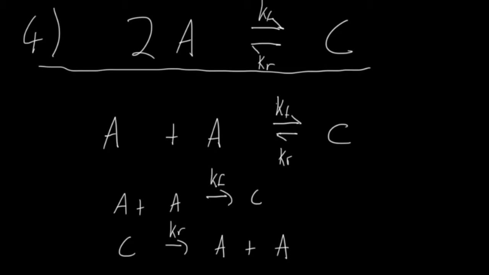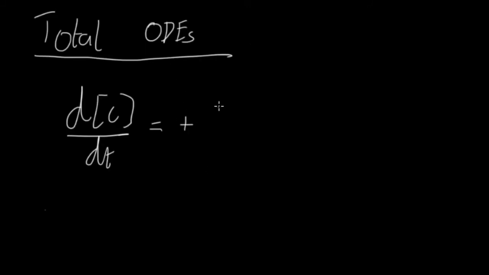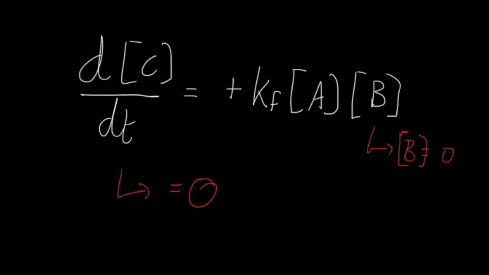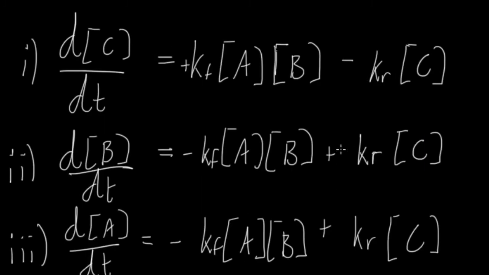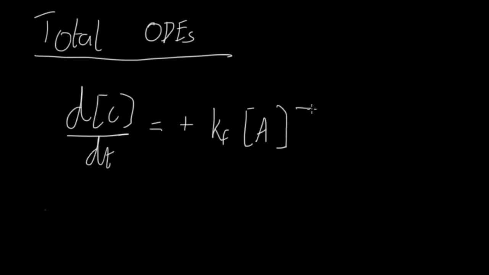So for C we have A's being used up to produce C in the forward reaction, so we have plus K forward A. So now looking back at our total ODEs before, we had Kf times A times B, the concentration of A times the concentration of B. So we'll do the same here, concentration of A times the concentration of A this time, because it's A plus A.